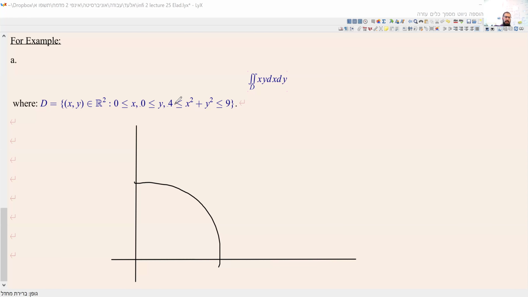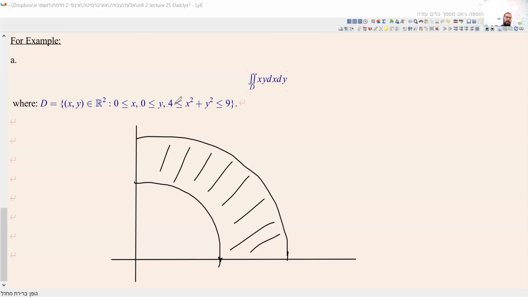I write down explicitly, and for 9, it is of radius 3, and this is our nice little domain D. Here it is 3, here it is 2, and this is the circle. It's 2 and 3 on the y-axis as well. As we said before, we've already drew it. Why shouldn't we copy and paste it?